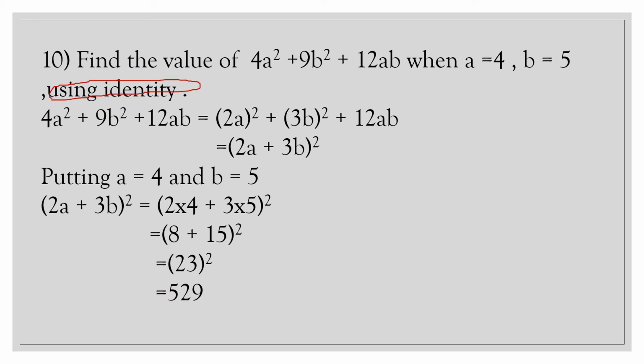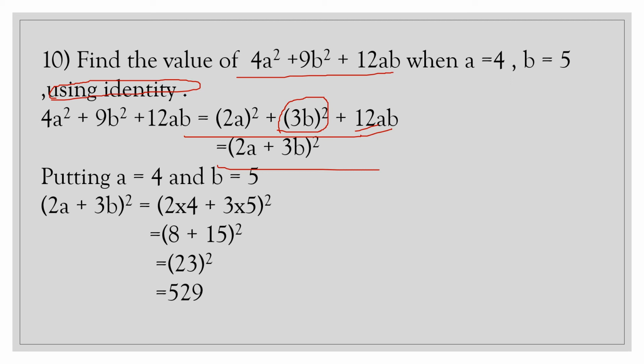It means you have to convert this trinomial 4a square plus 9b square plus 12ab. 4a square can be written as 2a whole square, 9b square can be written as 3b whole square, and 12ab as it is. So children, it will turn to 2a plus 3b whole square.